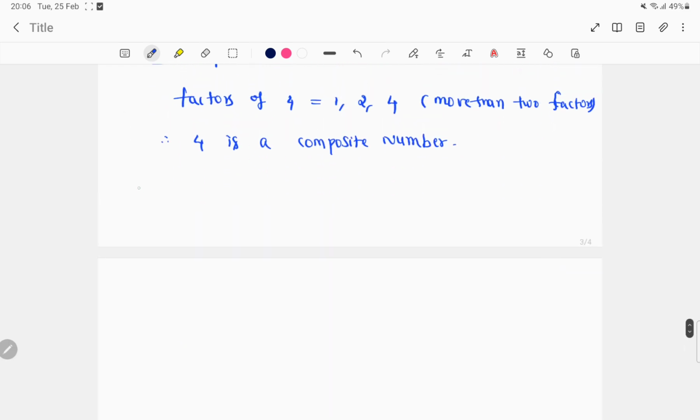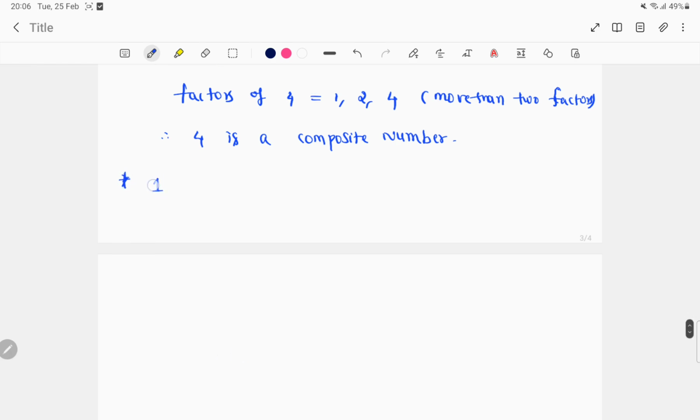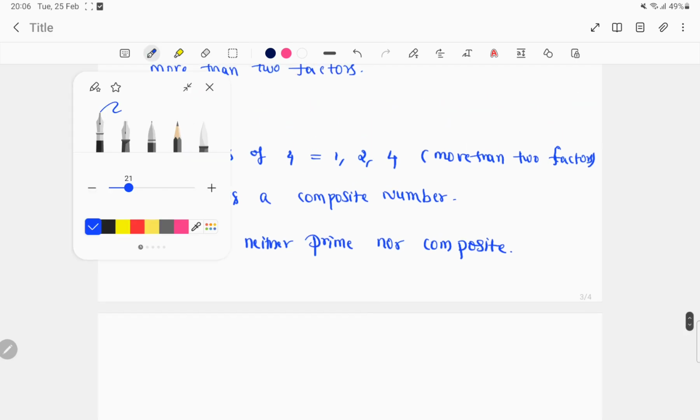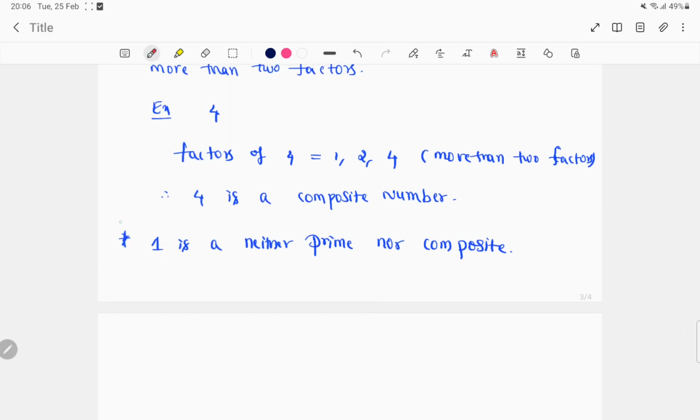But what is 1? Very important question. Then 1 is neither prime nor composite. Very important question.